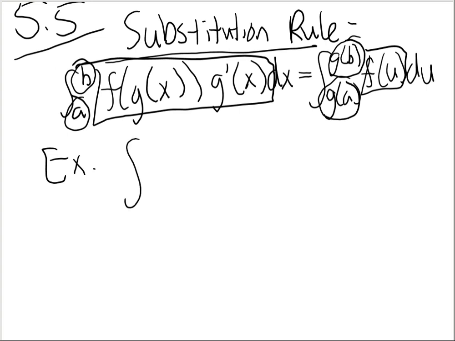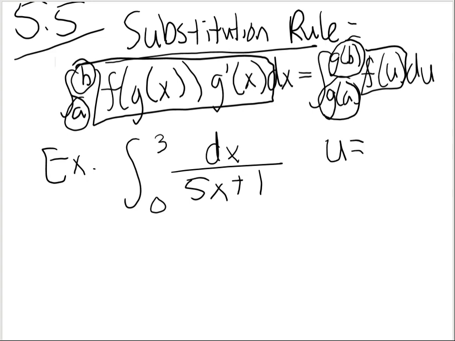Let's take the integral from 0 to 3 of dx over 5x plus 1. Now this is a fraction, so typically a good change of variables is going to be your denominator. So then my du over dx is going to be what?